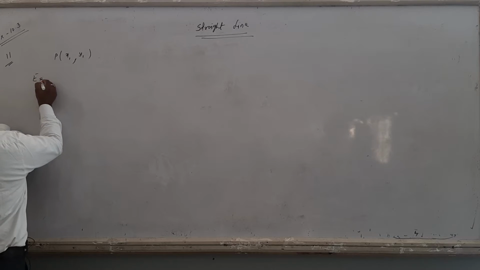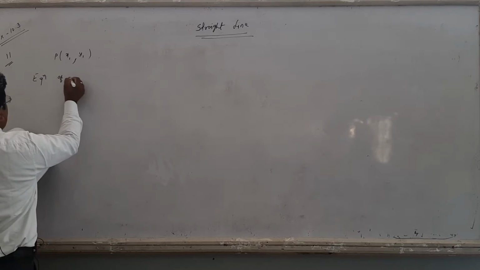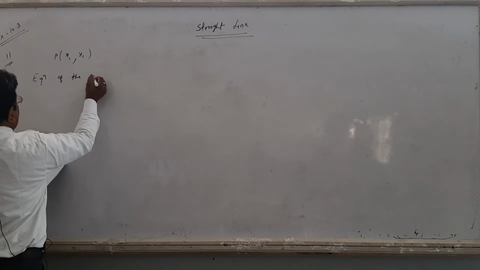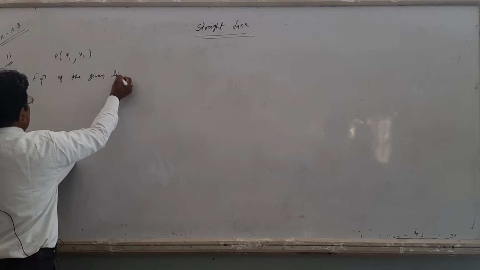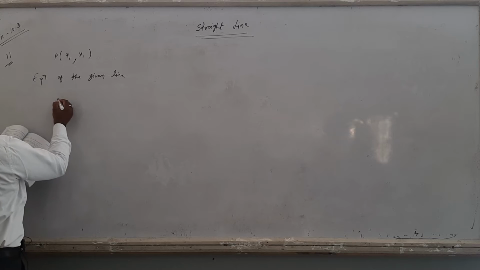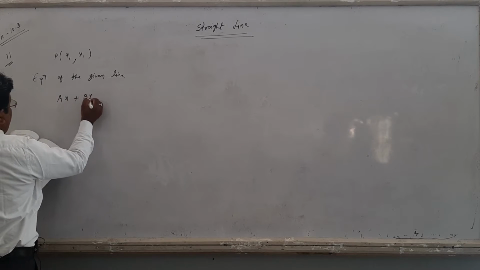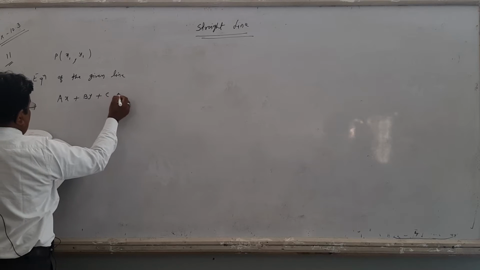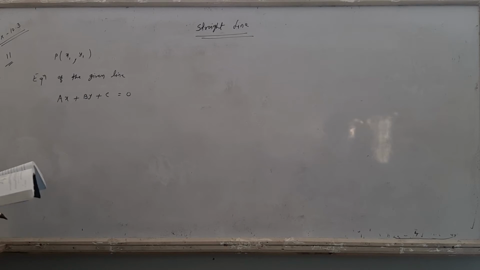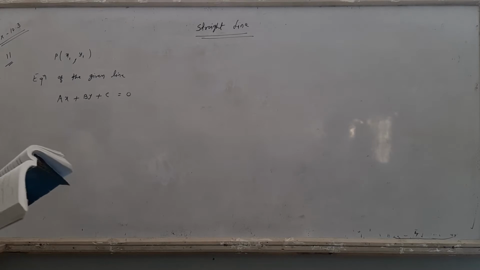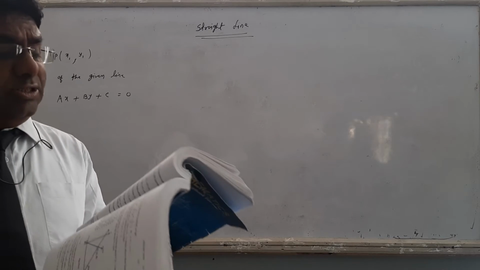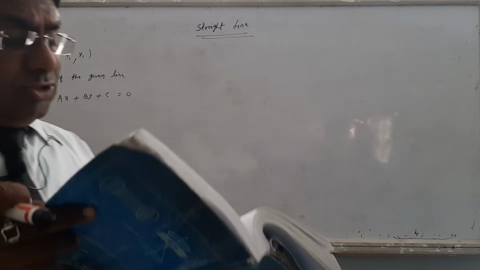Now the equation of the given line is Ax plus By plus C equals 0, where capital A is the coefficient of x, capital B is the coefficient of y, and capital C is the constant. Now prove the equation of this line.